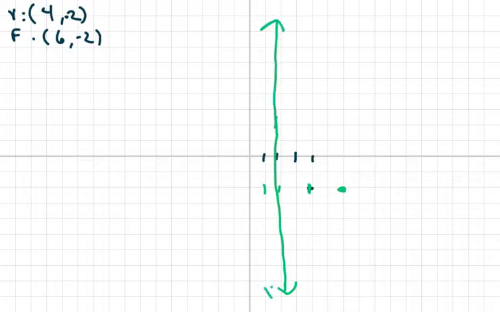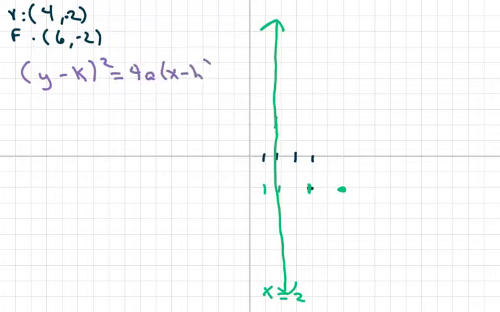This is at x equals 2, and I'm going to write my equation since I know it opens to the right. It has the form of y minus k squared equals 4a times x minus h, and that's going to be y minus a negative 2 squared equals 4a.